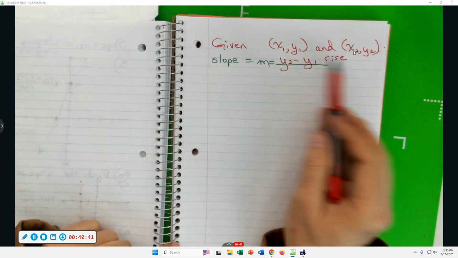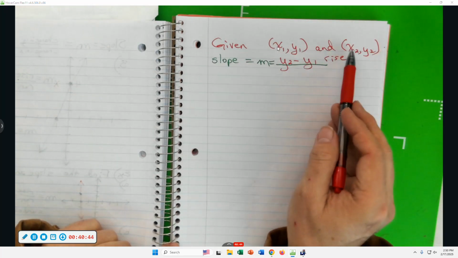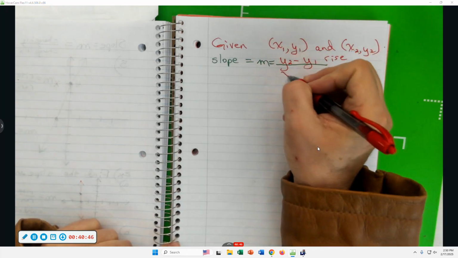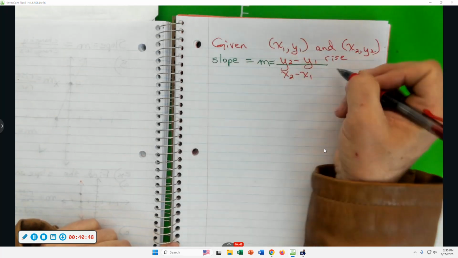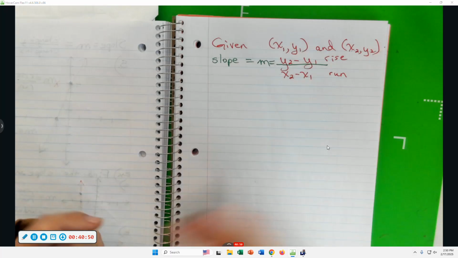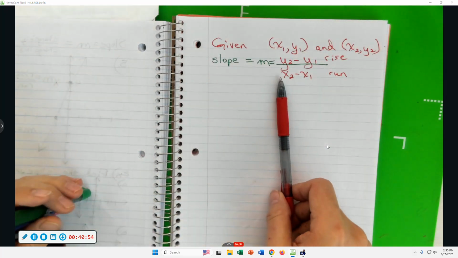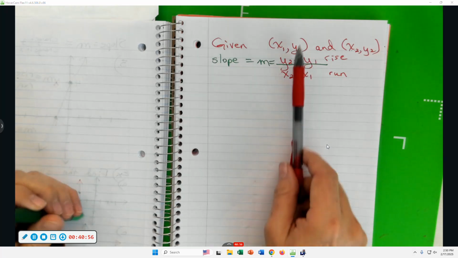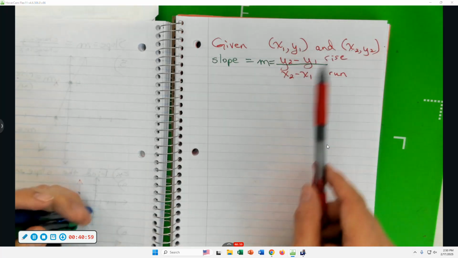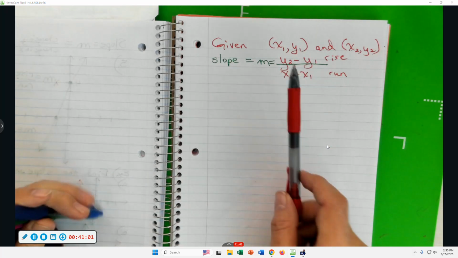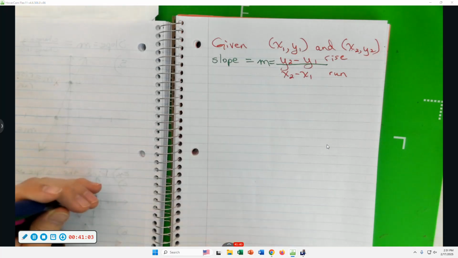And then the horizontal movement is measured in terms of X values. So X2 minus X1 gives you the run. Use this formula when you know two ordered pairs and you're trying to find the slope without having to graph the thing and count.